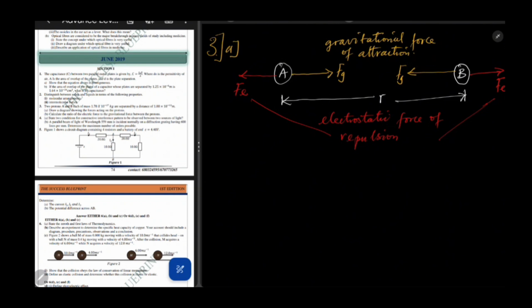Now question B says calculate the ratio of the electric force to the gravitational force between the protons.